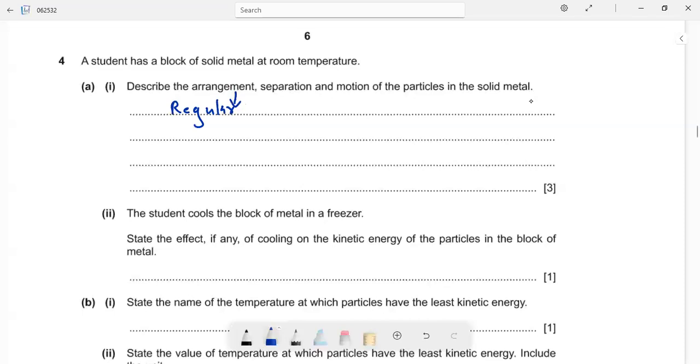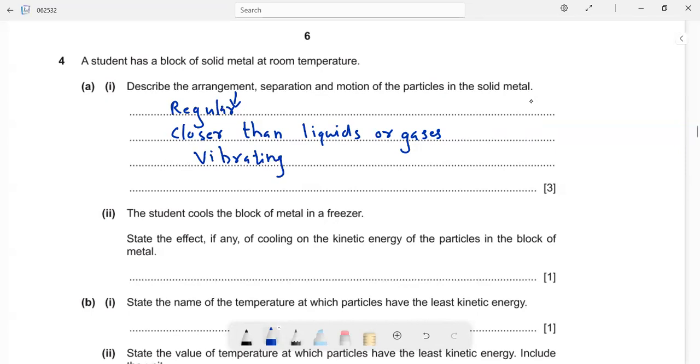Separation means the particles will be closer than in liquids and gases. The motion means they will be vibrating. We know solids are closely packed with a regular arrangement, and the particles just vibrate, in fixed positions.